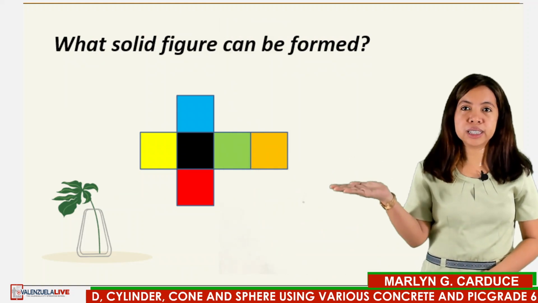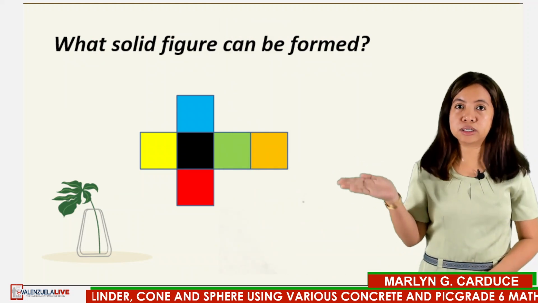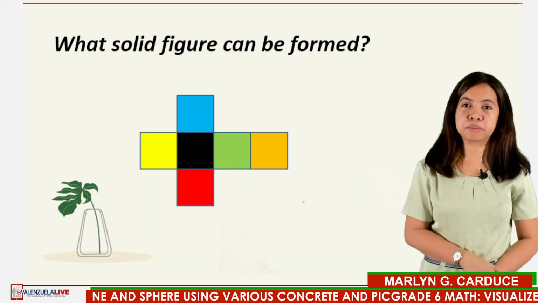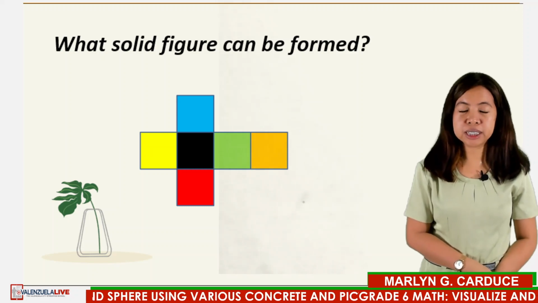So for our first net, what do you think is a solid figure that can be formed out of this net? You can type in your answer in the comment section.